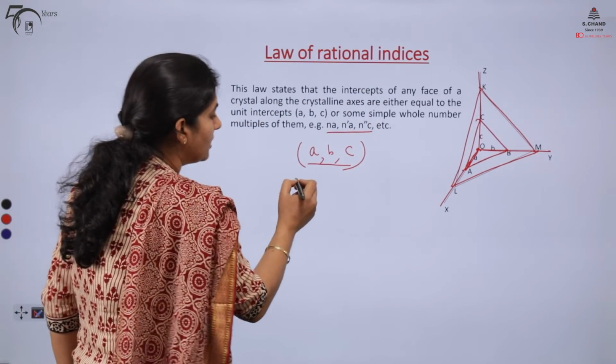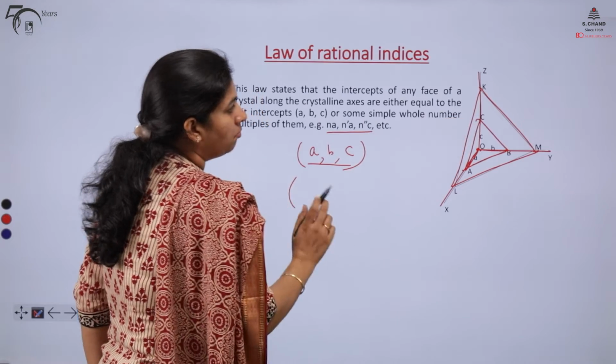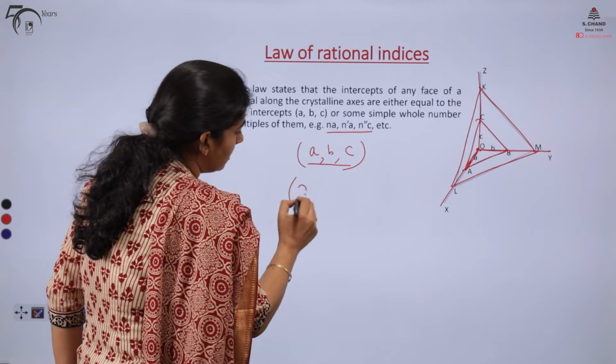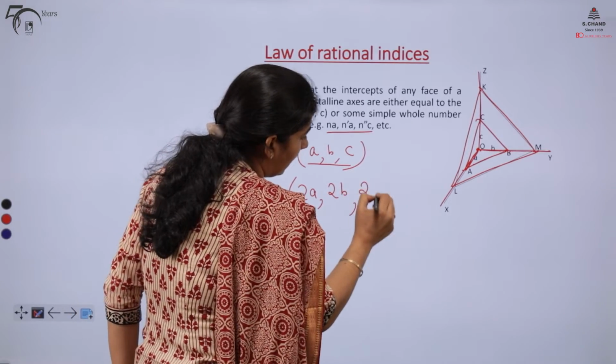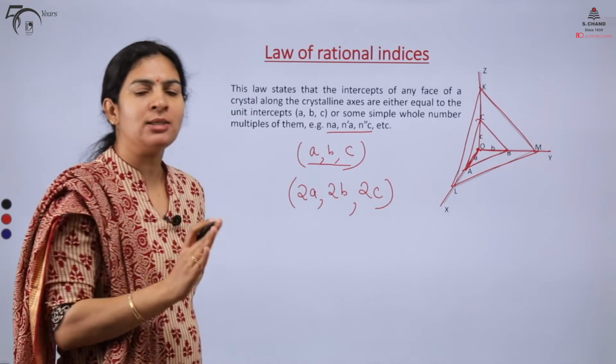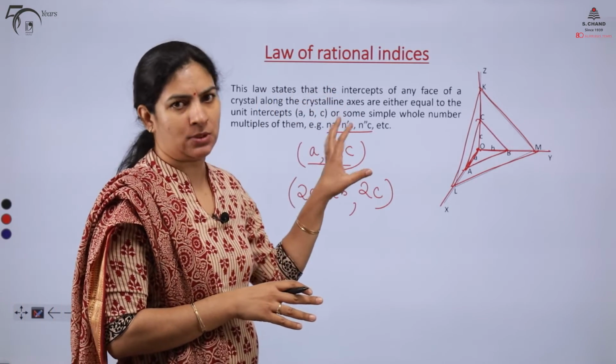So therefore we can say that the intercepts which plane KLM makes on these axes are 2A, 2B and 2C.